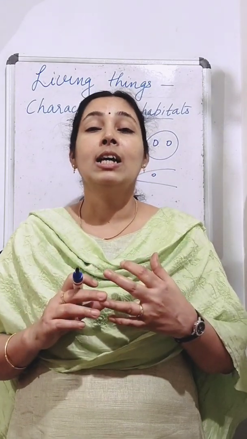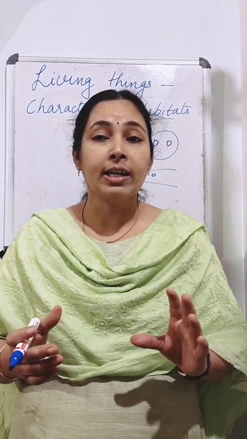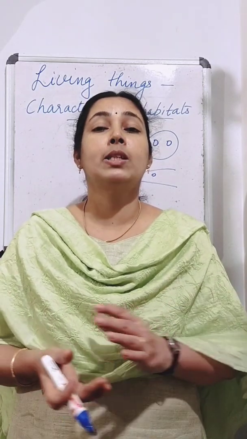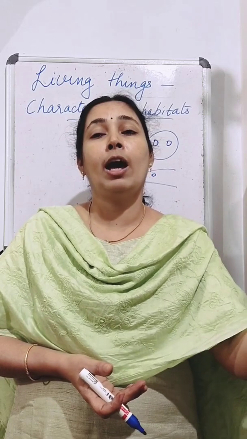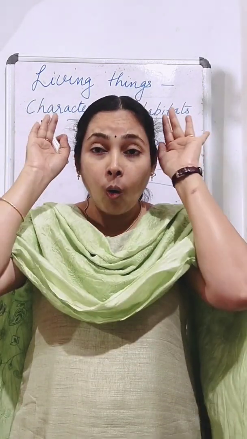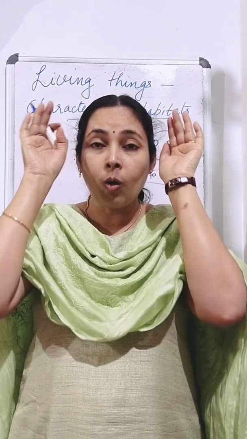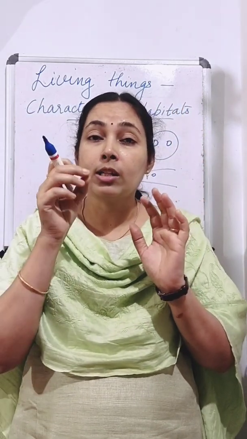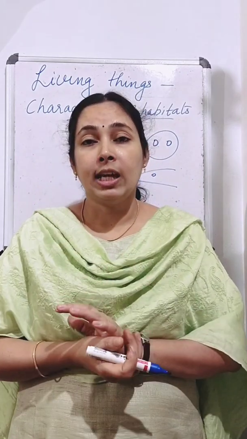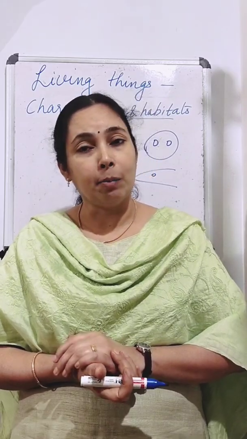Then third, a deer needs to know about the presence of lion or other bigger animals in order to run away and not become its prey. So it has long ears to hear movements of enemies. So its long ears help it to hear the movement of its enemies. And by hearing it, it can escape from the enemies.